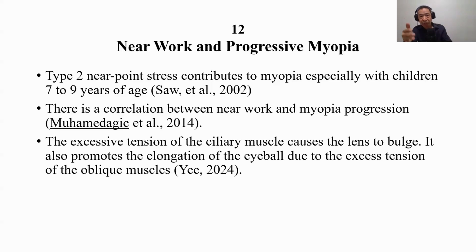Their sample size was 100 students who were already myopic, as opposed to the other case where they were not myopic. So, in other words, type 2 near-point stress contributes both to the onset of myopia and to progressive myopia. You have had that knowledge as early as 2002, and no one made use of it.